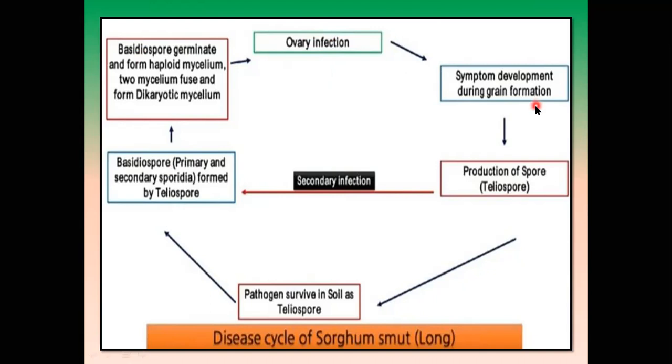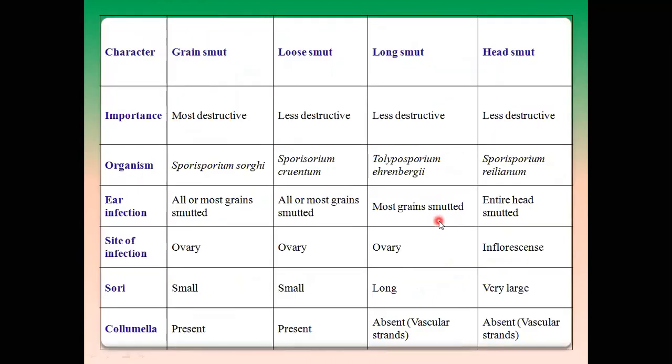So finally the symptoms develop in earheads. The primary infection in grain smut, loose smut, and head smut takes place through the use of infected seeds. But regarding the long smut, this is the airborne disease.